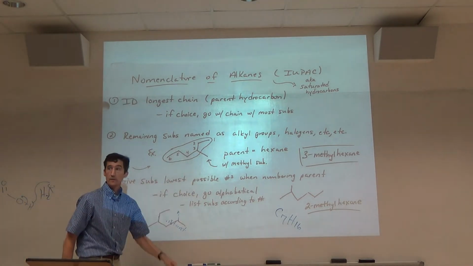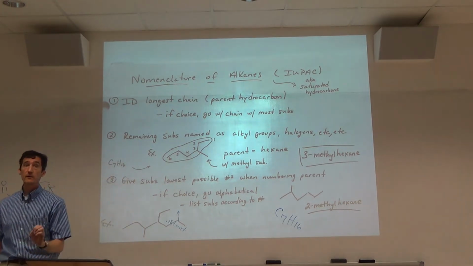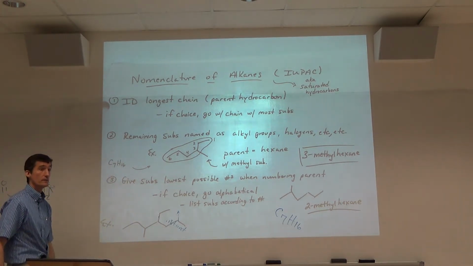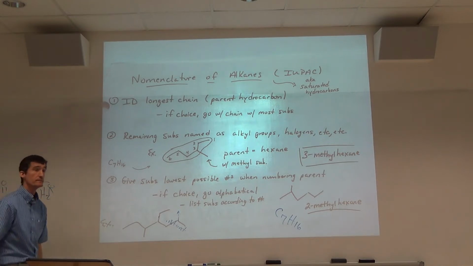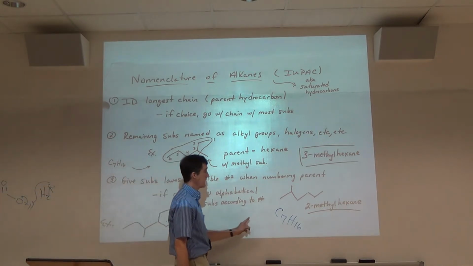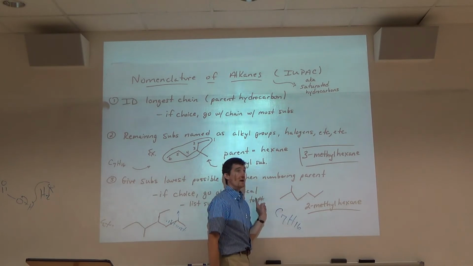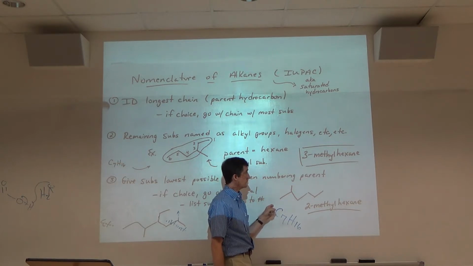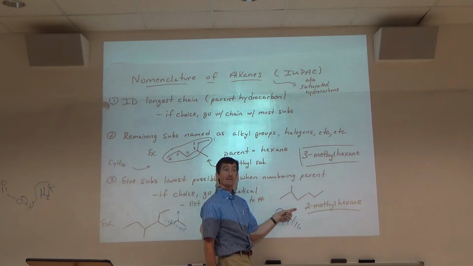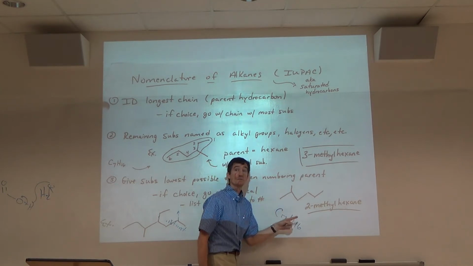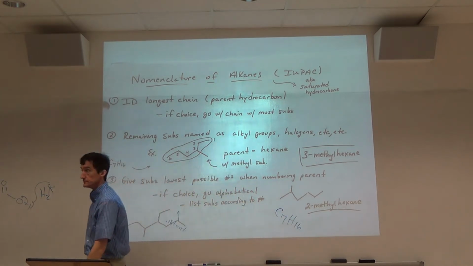They both have that same formula, so isomers. What type of isomers? Constitutional. Why? Because it has the same formula but different structure. Different connectivity. Because that one, the methyl's connected at the 3 position. This one, the methyl's connected at the 2 position. Same formula, different connectivity.